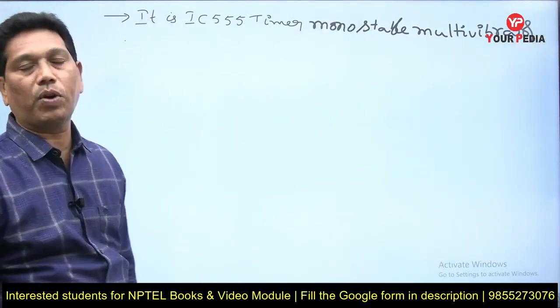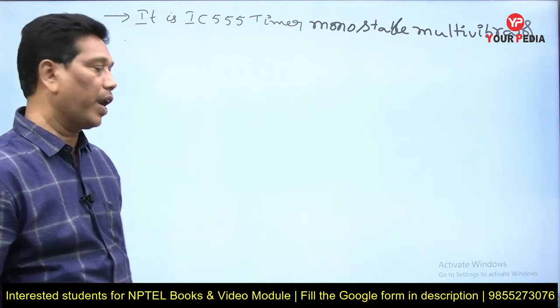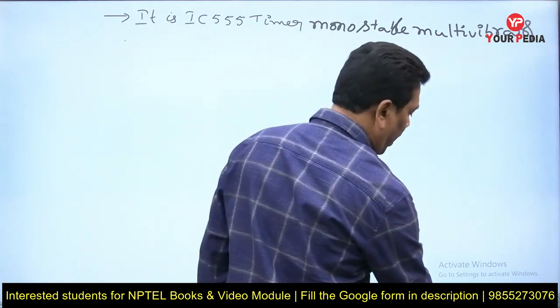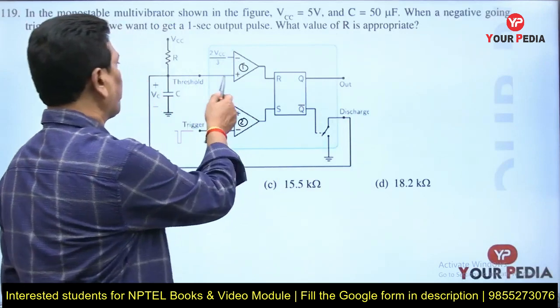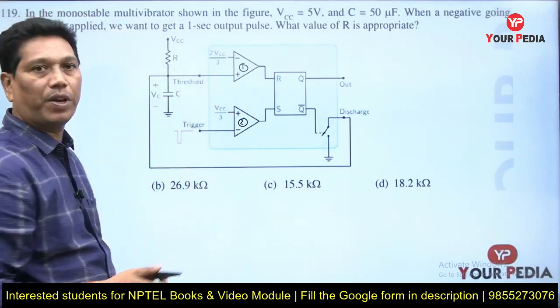It is built in with two comparators. As I told in our diagram, comparator 1 has the threshold input compared with 2/3 VCC.